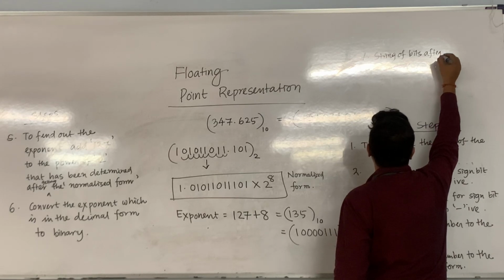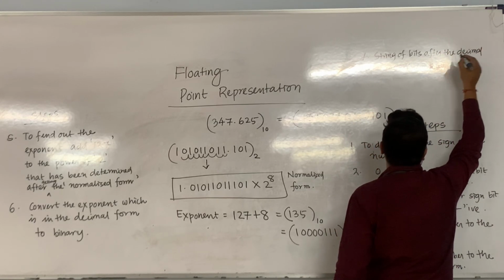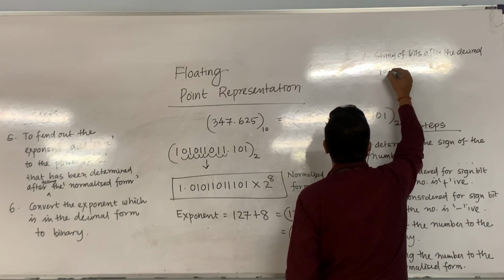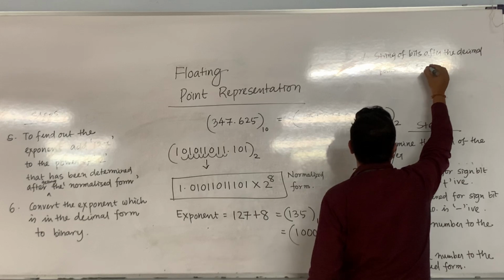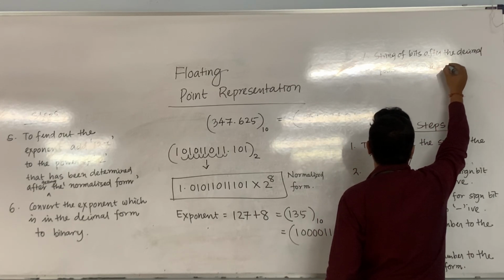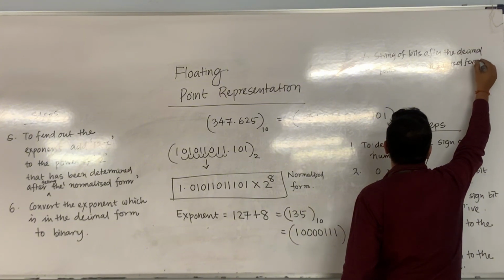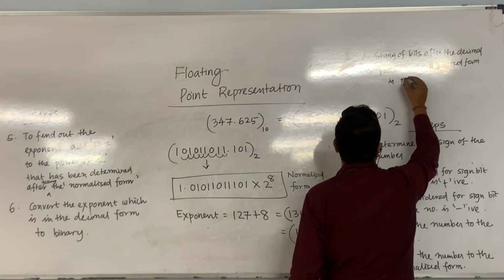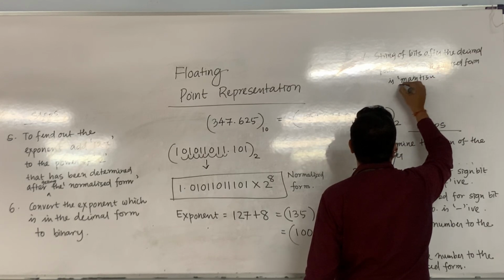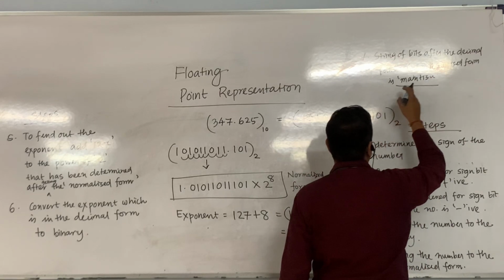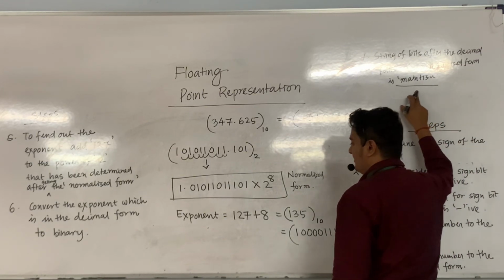After the decimal point in the normalized form, whatever the string of bits may be, that is called the mantissa.